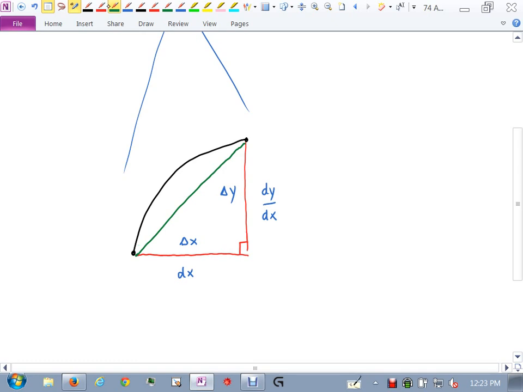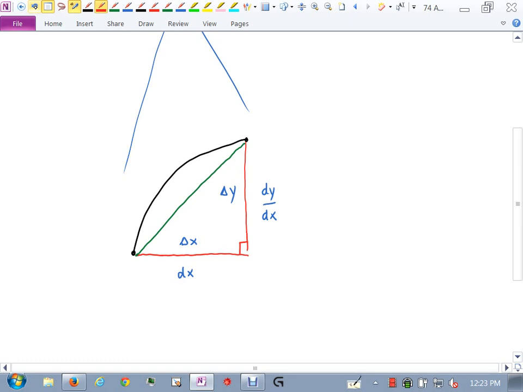I'm not going to draw these, but if I make my rectangle smaller and draw my line like that, then it's a smaller error. And if I go even closer, it's even smaller and smaller and smaller. Well, that's what dx means, doesn't it? Dx means we're going to let it go basically to 0. So that green line is going to be approaching the true length of that black arc.